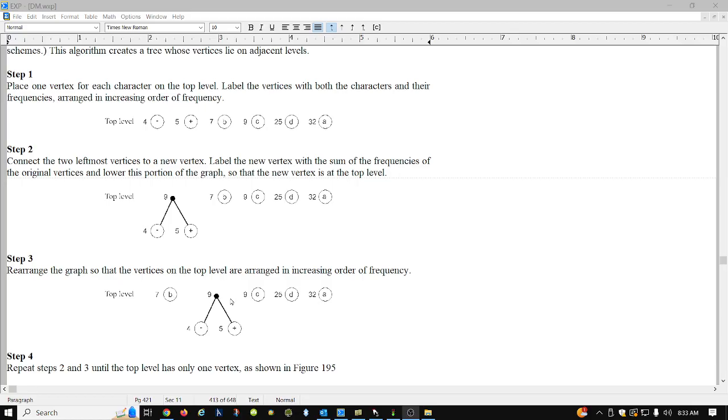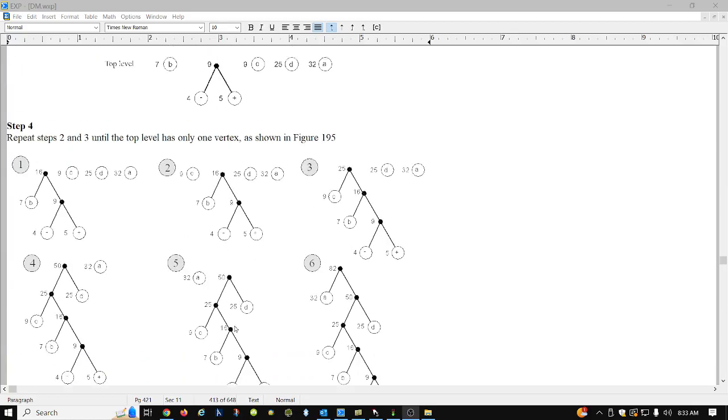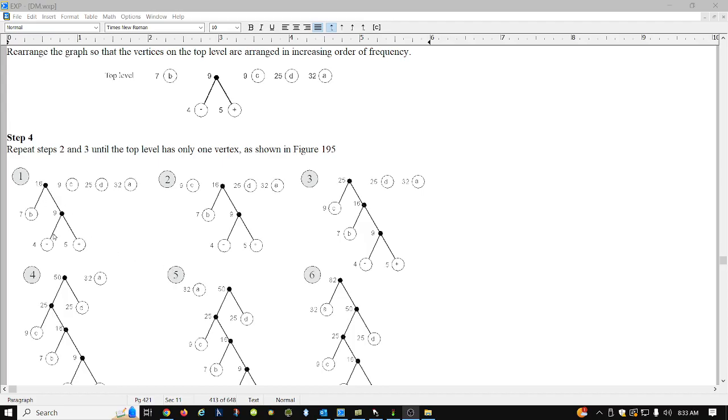Now we do another combining of these two vertices, and that will look like this. So we take B and the vertex labeled 9, and we drop those down, connect them with the top level vertex, and label it with the sum 7 plus 9, 16.